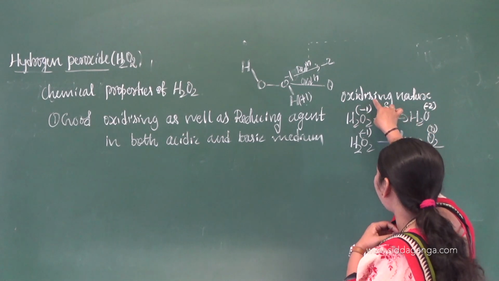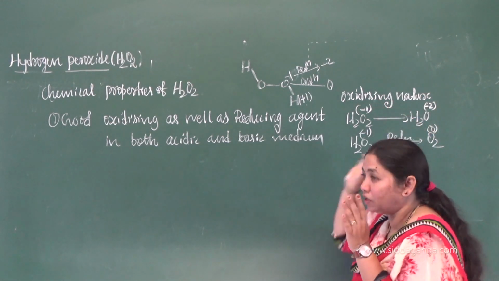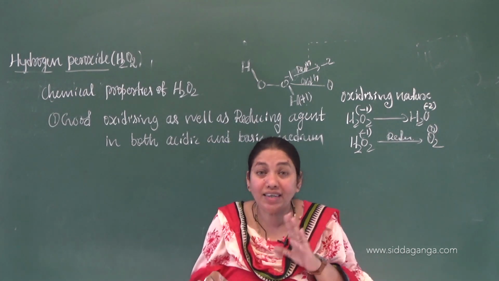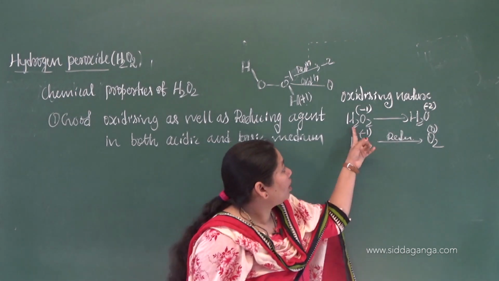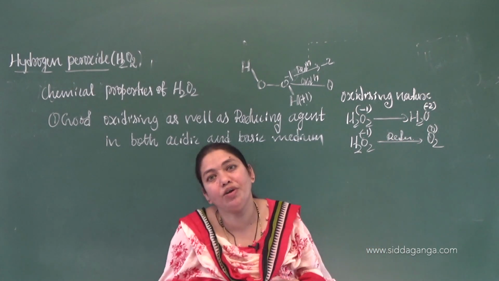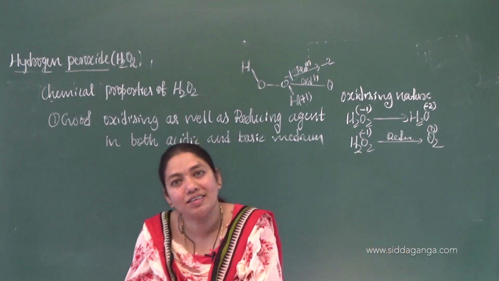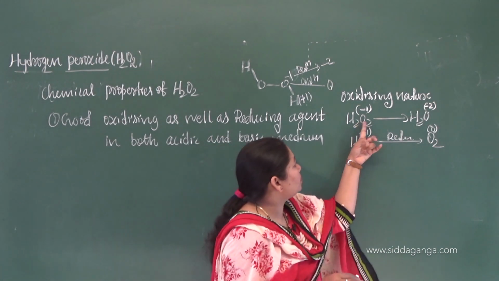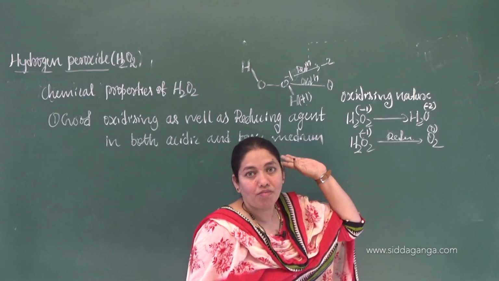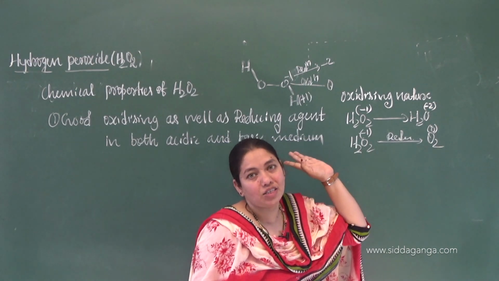If it is acting as an oxidizing agent, don't get confused. Oxidizing agent means itself reduces, oxidizes others. Itself reduces means it is converted to water, -1 to -2. There is a decrease in the oxidation number.